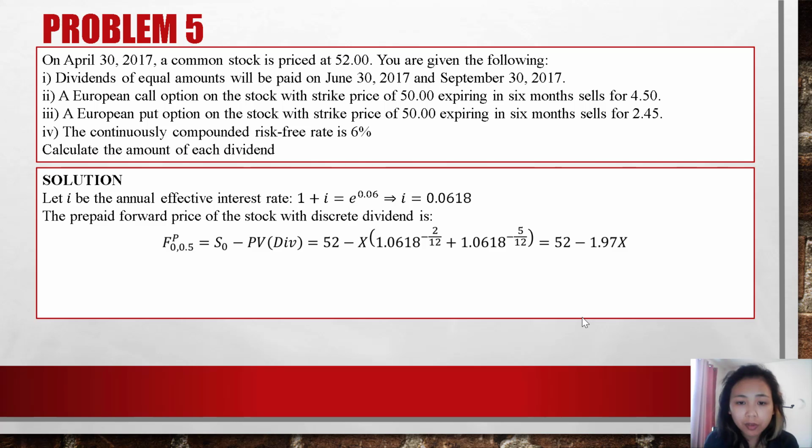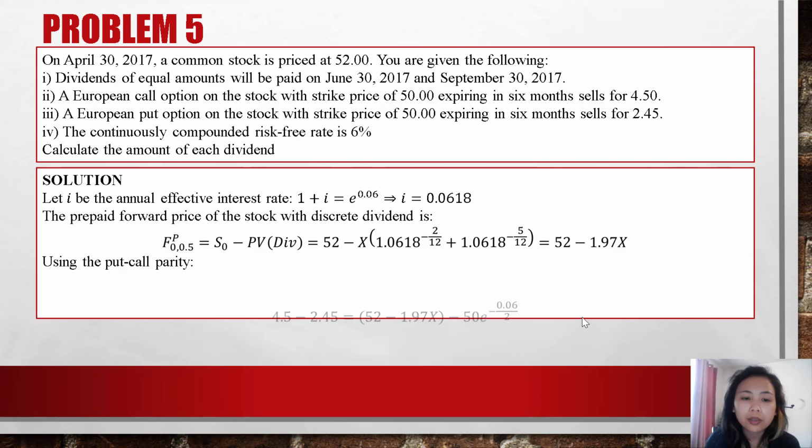So the present value of the first amount is x times 1.0618 to the negative 2 over 12. And the present value of the second dividend is x times 1.0618 to the negative 5 over 12. We got this equal to 52 minus 1.97x.